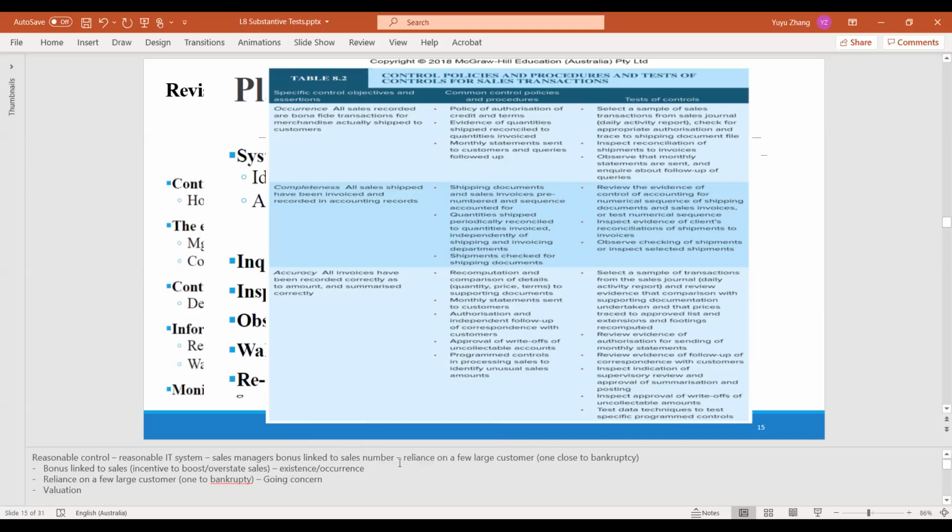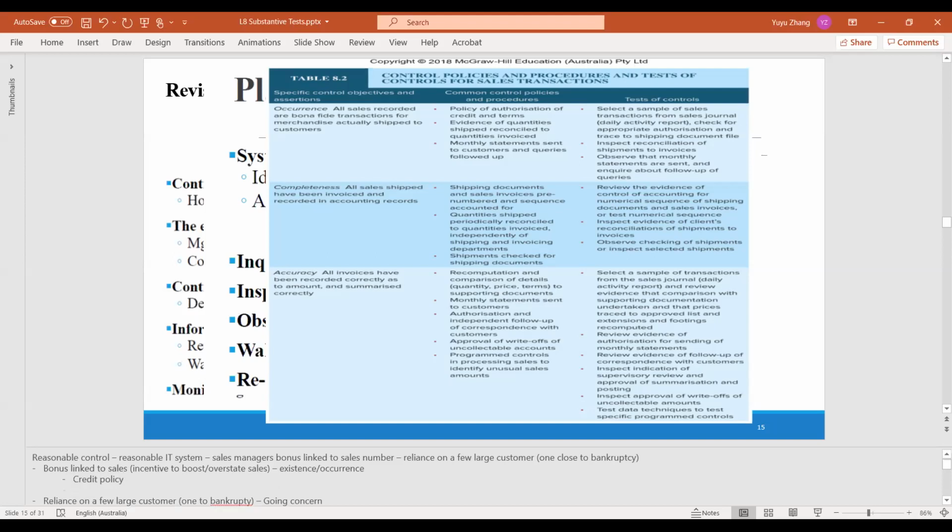So are we able to identify some key control points? First, occurrence. So I think we need to check the credit policy. Does the company have a good credit policy?